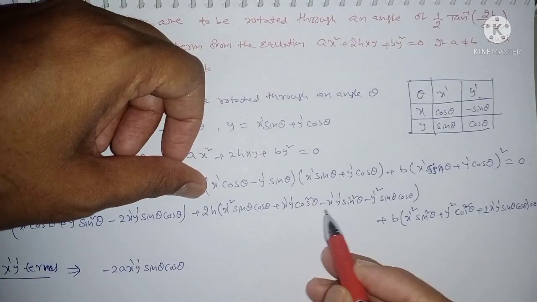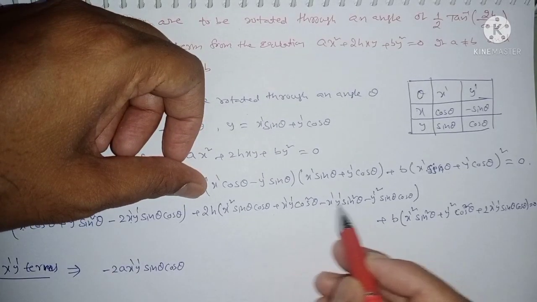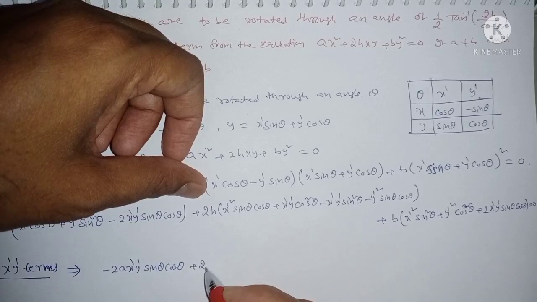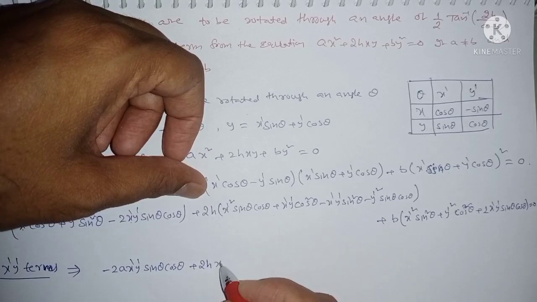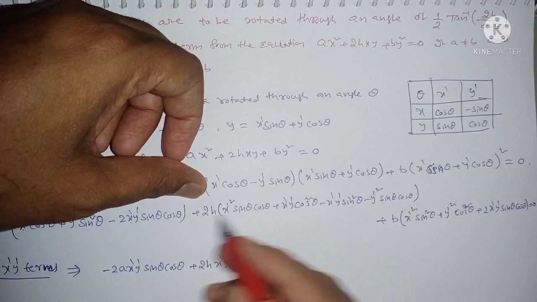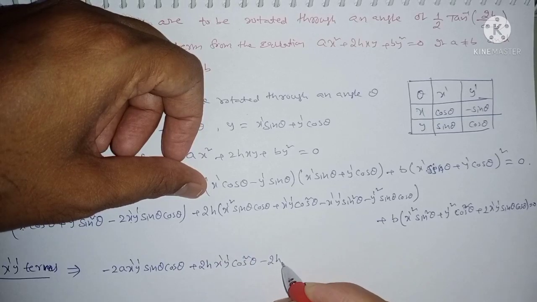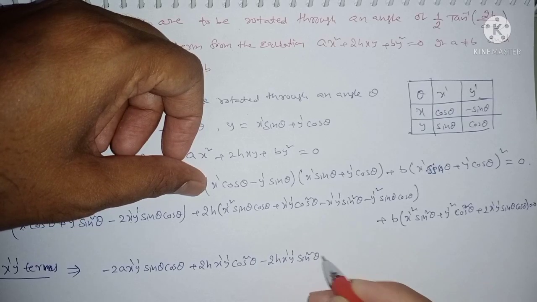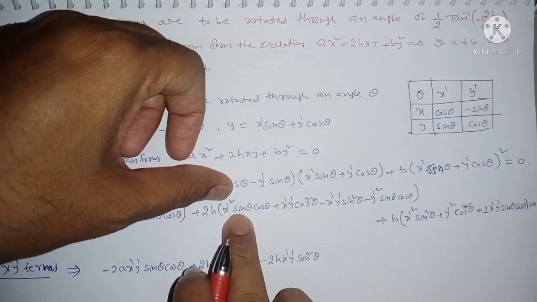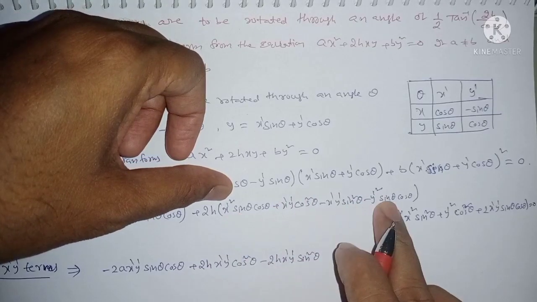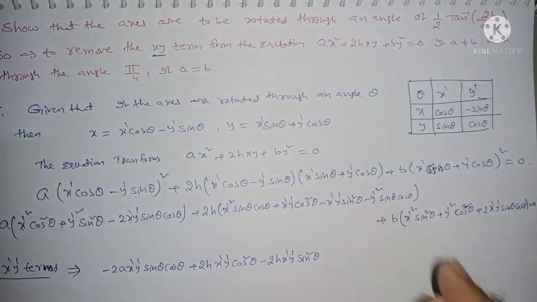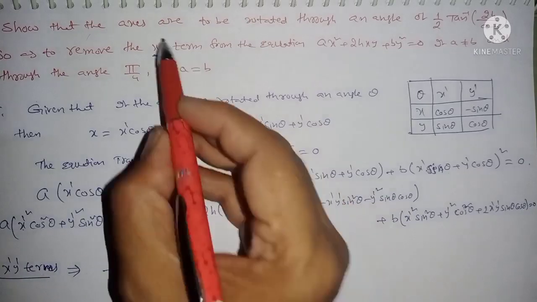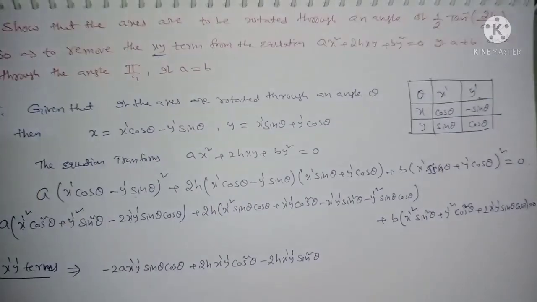And second, observe here, you got two terms, that is 2h x dash y dash cos square theta minus 2h x dash y dash sin square theta. We don't want your x square and y square, we want your xy term.